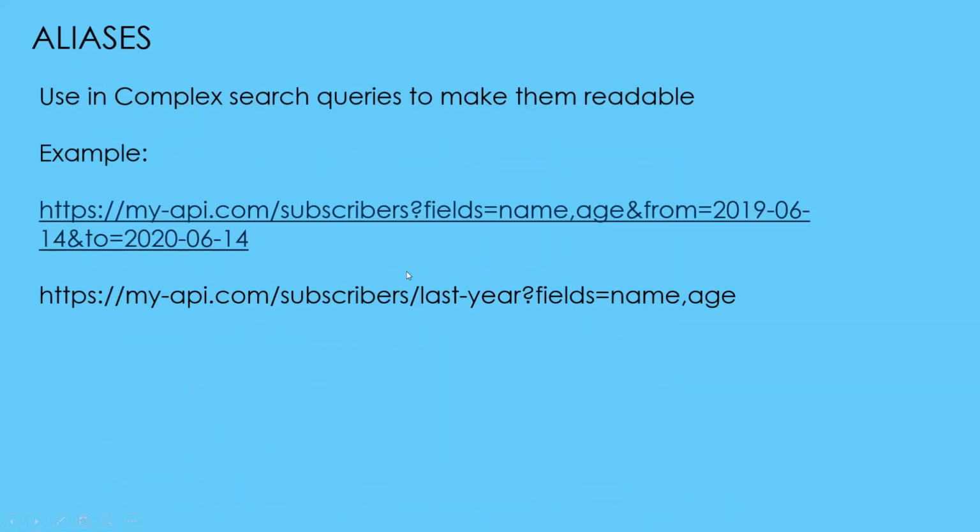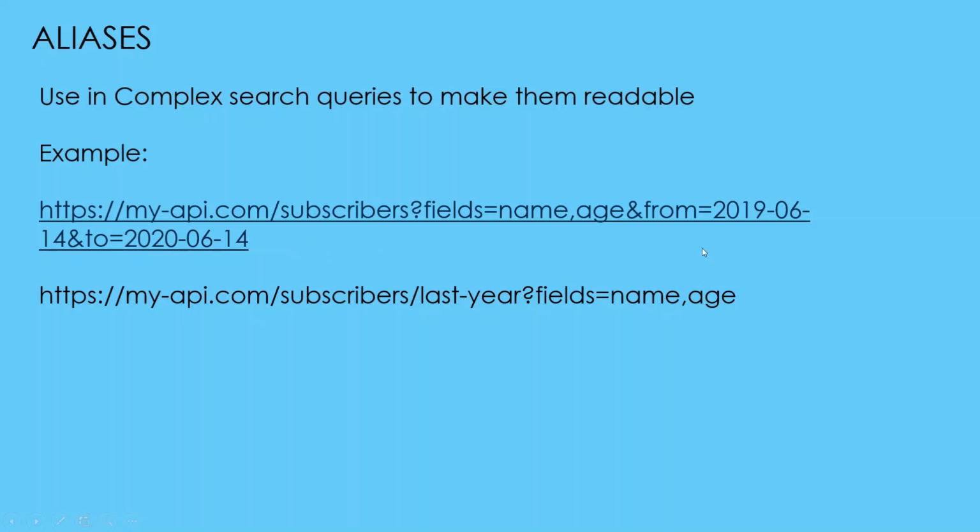Now suppose you have a complex query that has been implemented, like I want to get the name and age of the subscribers who have subscribed from 14th June 2019 to 14th June 2020. This implementation is fine, it has the fields and we have given the names of the fields and also the from and to query parameters, but it's not readable and it becomes difficult to understand.